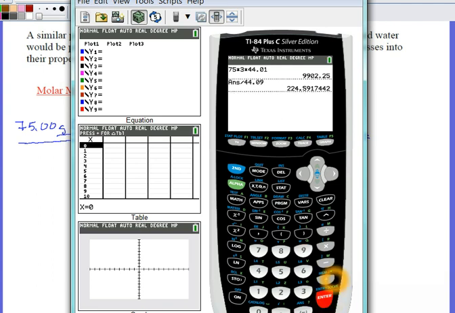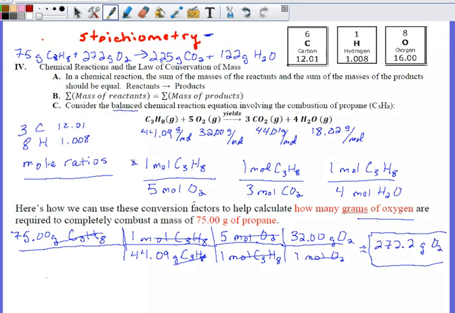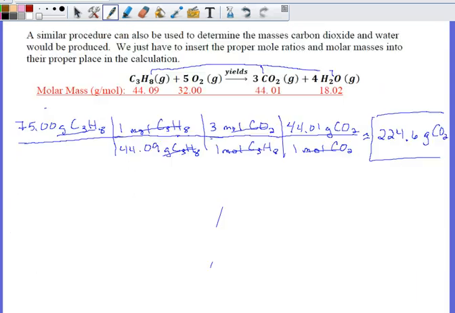And I get 224.6, because I get 4 sig figs. And that's grams of CO2. And if you remember, go back to my previous slide, I said about 225, so that's close.